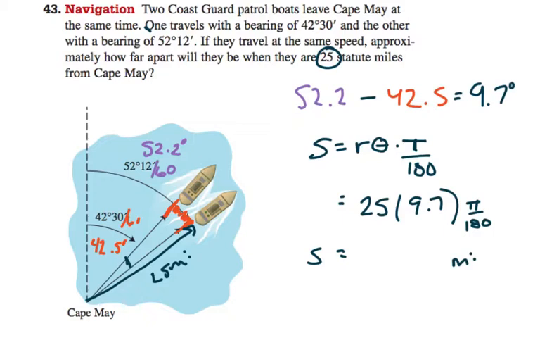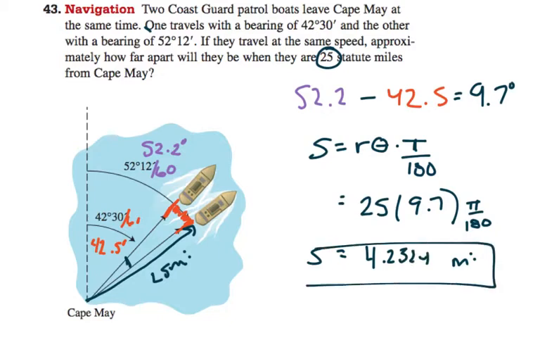So 25 times 9.7 times pi over 180, and we get 4.2324. Decided to get really into the decimals there. Okay. So along that curve, they are 4.2324 miles away.